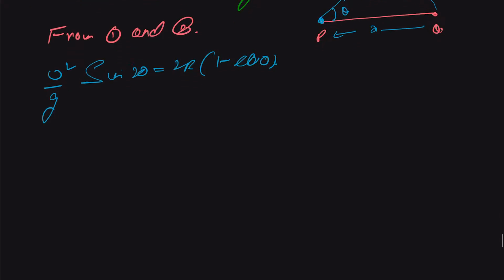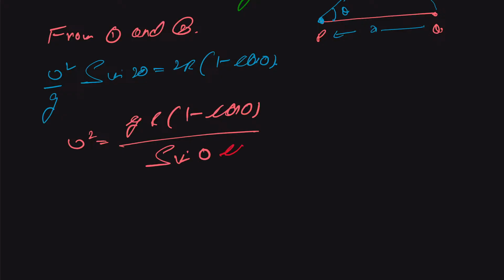We can further write it as v square is equal to, since sine 2 theta is 2 sine theta cos theta, so 2 and 2 go away, we get this as gr (1 minus cos theta) divided by sine theta and cos theta.